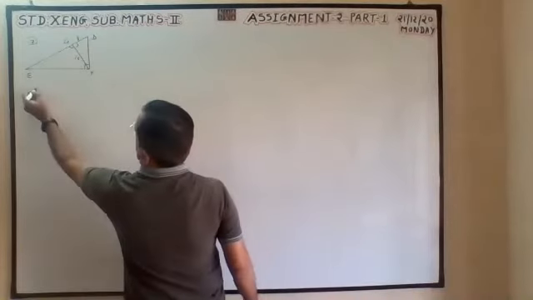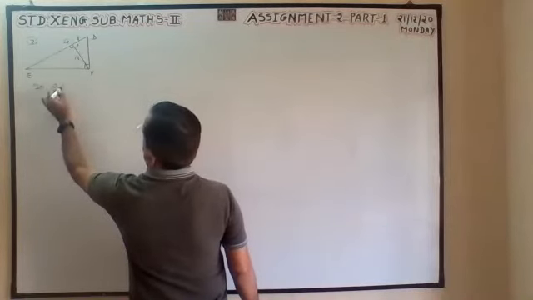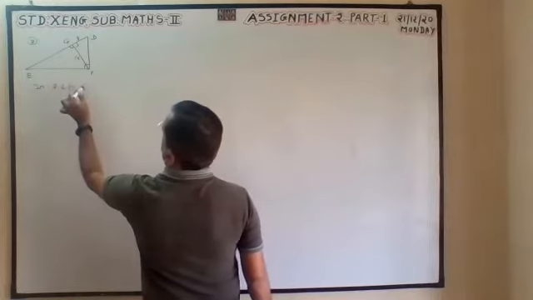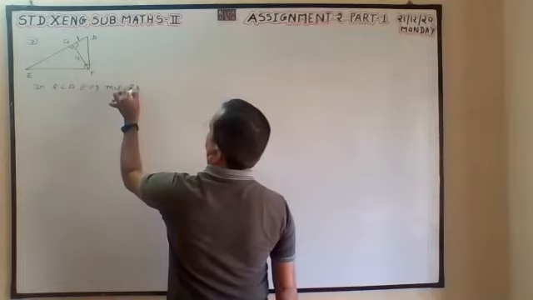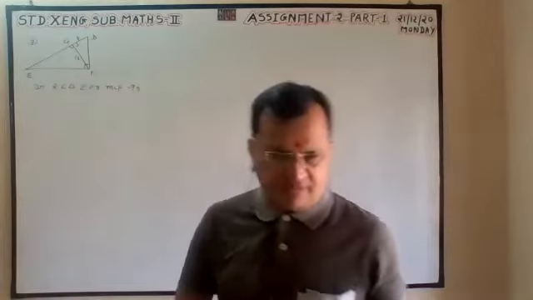See again, in right angle triangle EFD, measure angle F is equal to 90 degree. That is given.